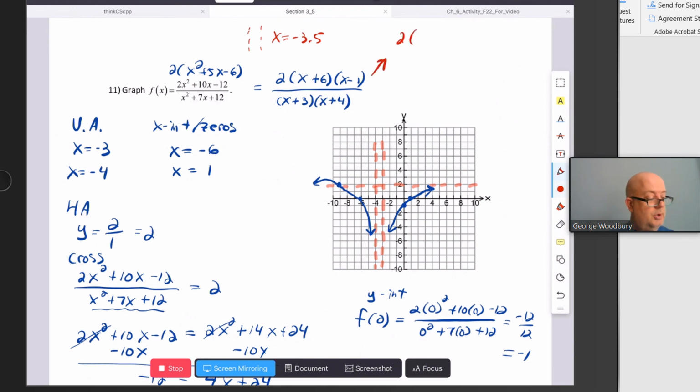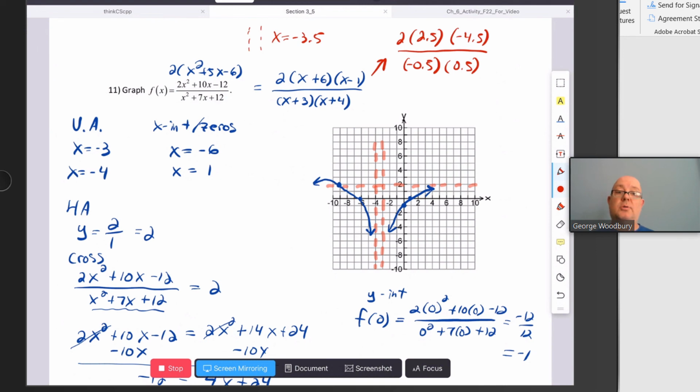It's going to be 2 times -3.5 plus 6 is 2.5. And -3.5 minus 1 is -4.5. In the denominator, -3.5 plus 3 is -0.5. And plus 4 is +0.5.